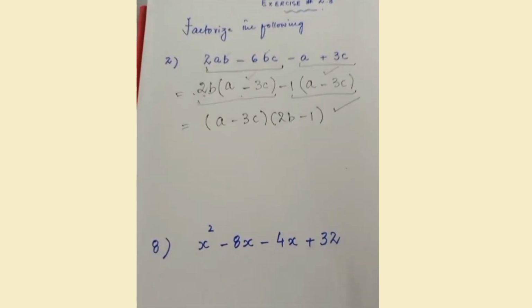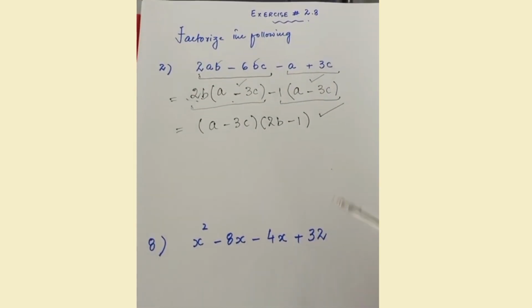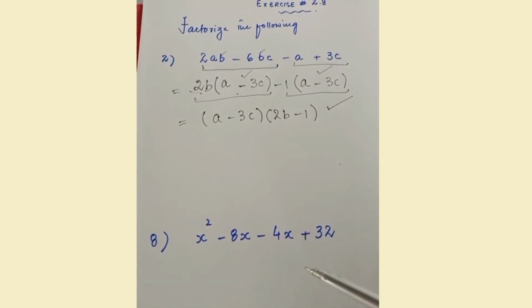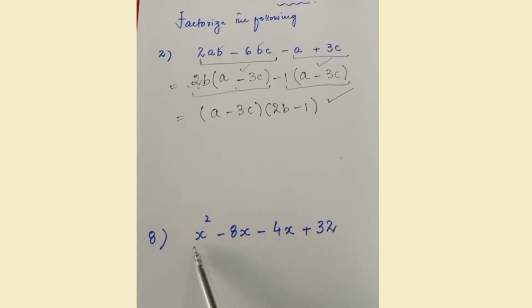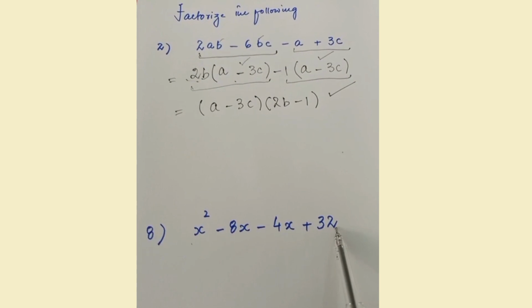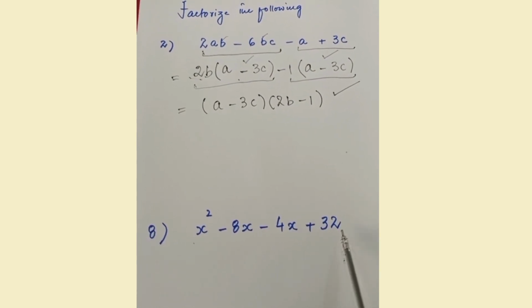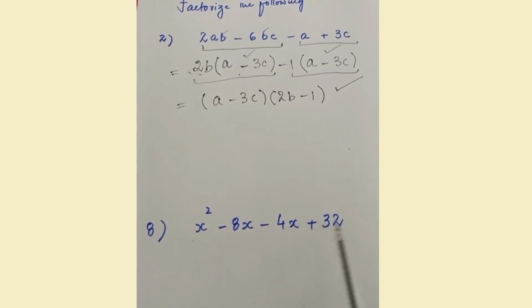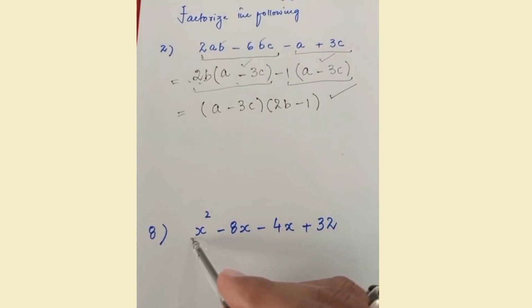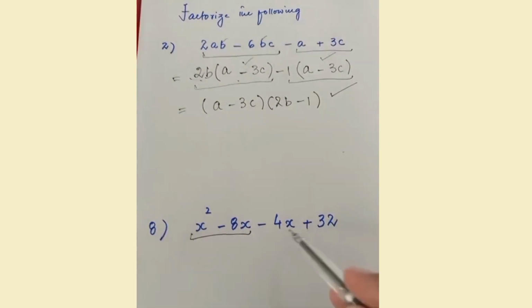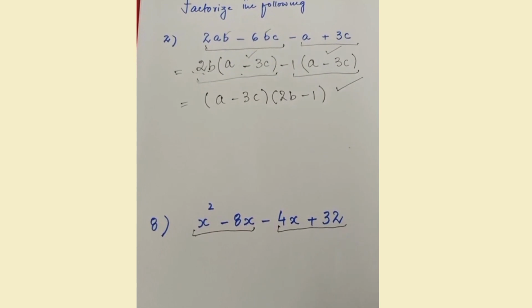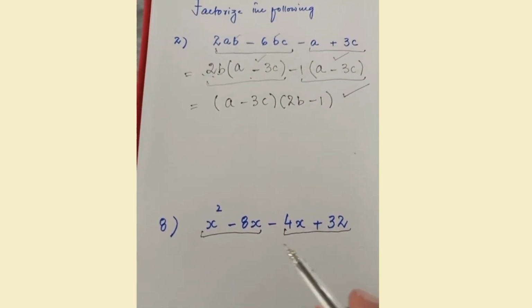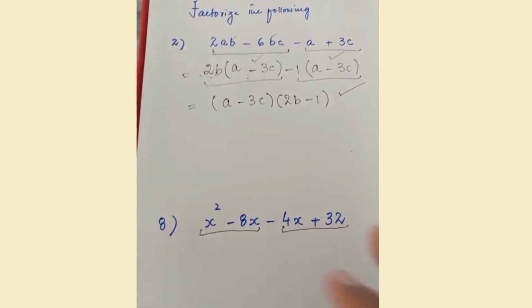So students, let's take another example. Exercise 2.8, question number 8. We are given four different terms, so quickly we must remind ourselves that whenever there are four terms, we must take pairs, first two and last two, and take the common things among these four by having pairs of two and two.